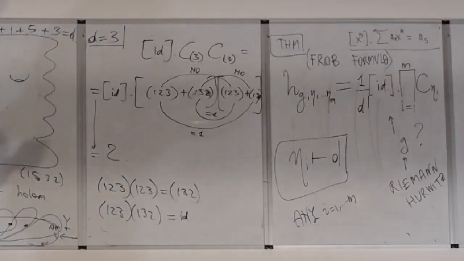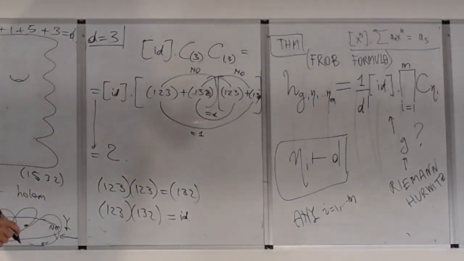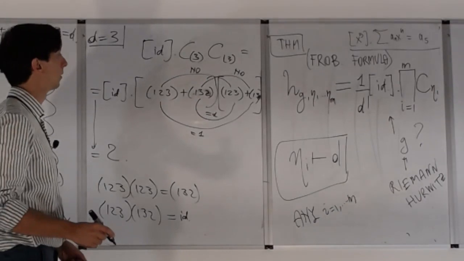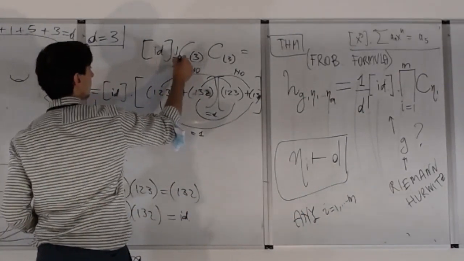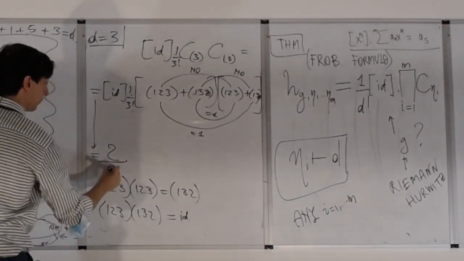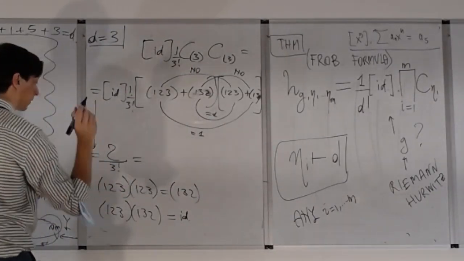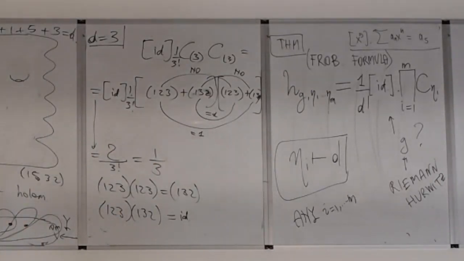And divided by... You had here 1 over D factorial. Yeah, so that would be 3 factorial, right? So that will give me 1 over 3 factorial. So the final answer would be 1 over 3.